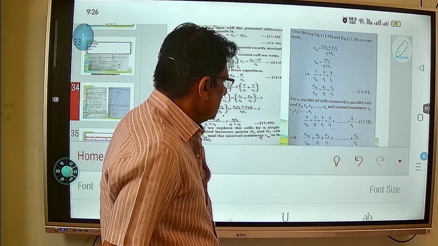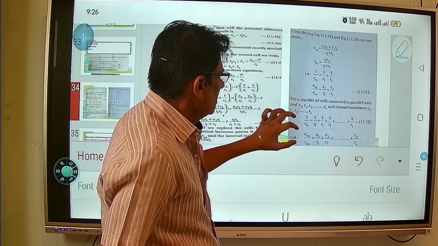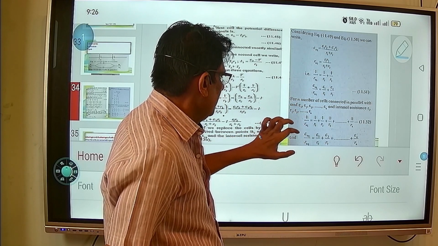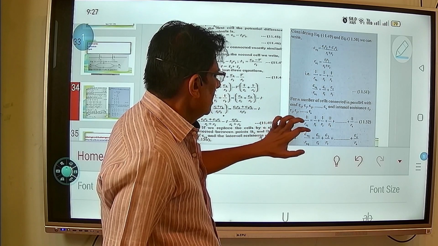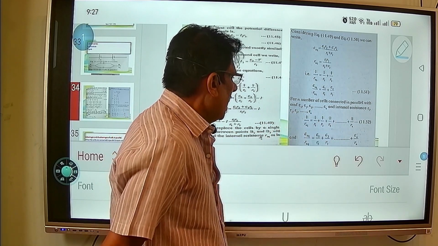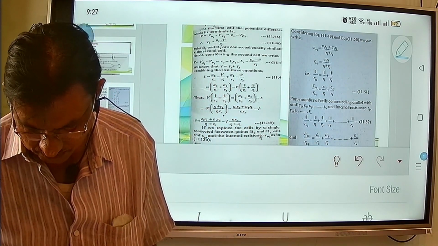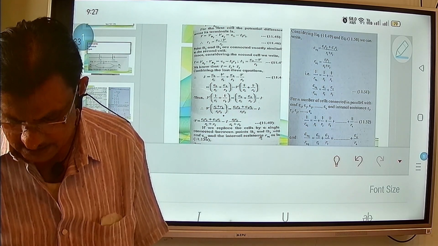When we multiply 11.52 by E equivalent, we get E equivalent upon R equivalent, where E equivalent means E1 to En and R equivalent means R1 to Rn. So this is all about cells connected in parallel.